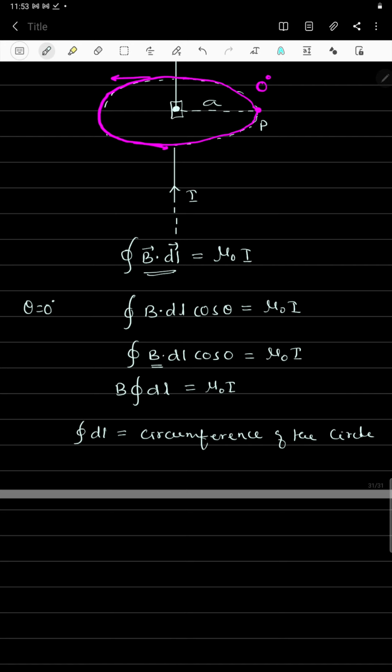So the line integral of dl is equal to 2 pi a.